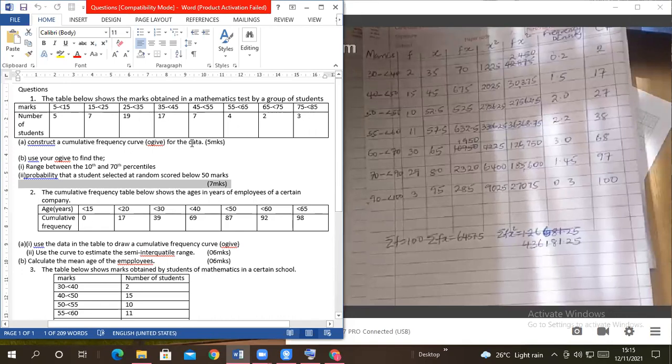Then I'm going to ask you to go and look for the paper of 2020, paper 2. Look for the paper of 2019, paper 2, 2018, paper 2, up to 2010.